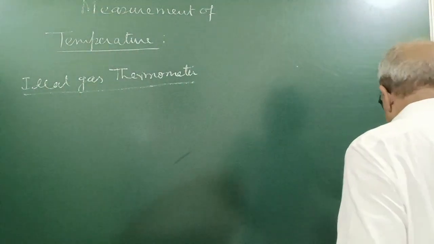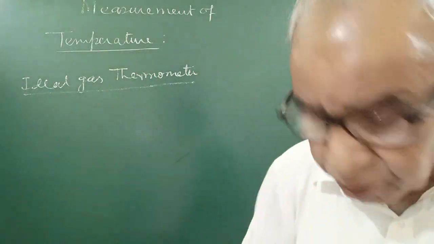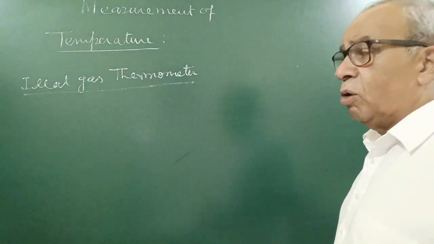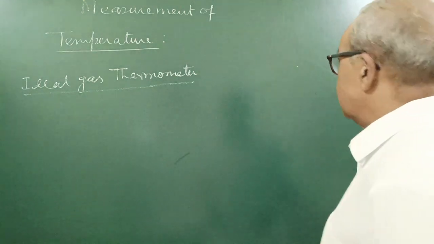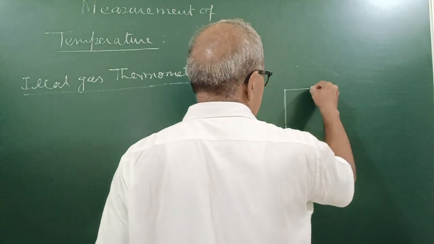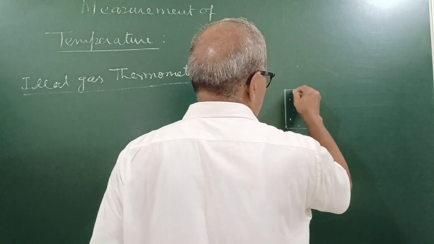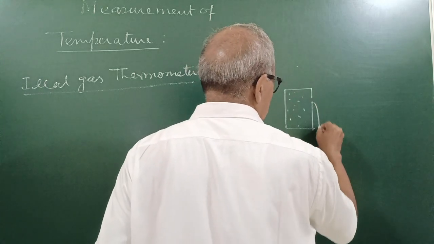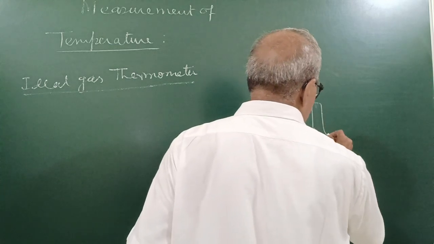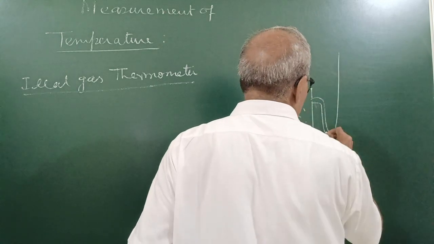No gas is perfectly ideal, because it behaves like an ideal gas only at low pressure and high temperature. So what is there inside this? Actually here, in a container of fixed volume, we fill a gas, and this container is connected to a manometer tube.